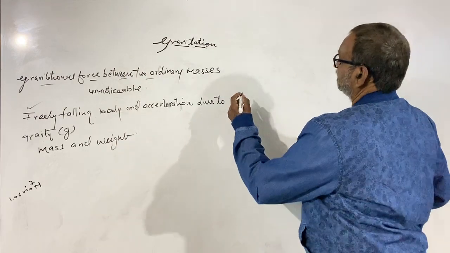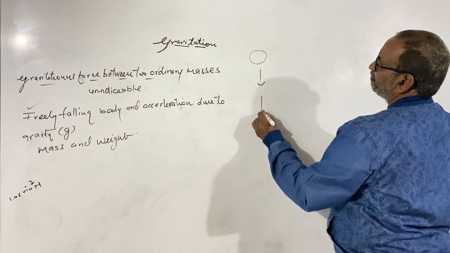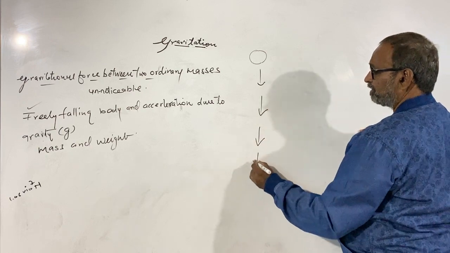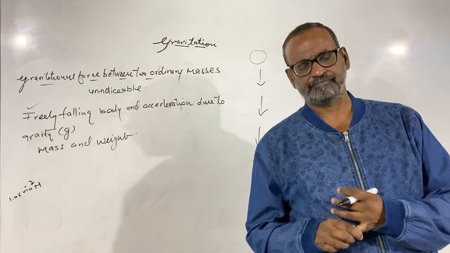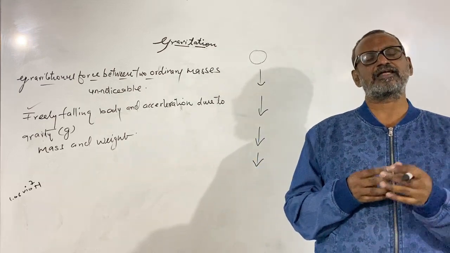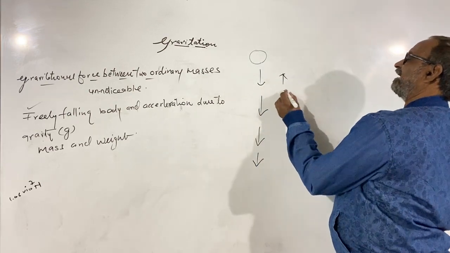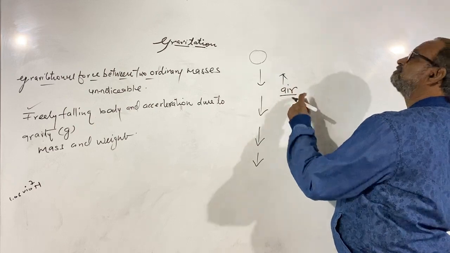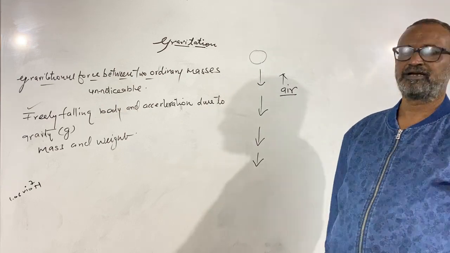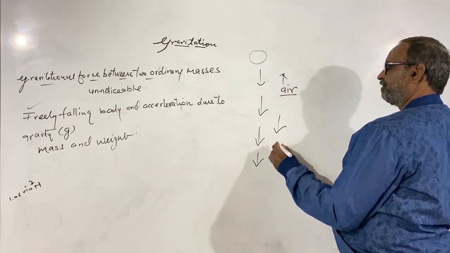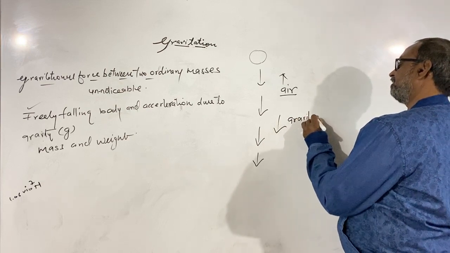Now, when a body descends, that is, it falls, there are practically two forces acting on it, and these two forces act in opposite directions. Number one, the force of the friction of the air, which acts in the vertically upward direction, and the force of the gravity, which acts in the downward direction.